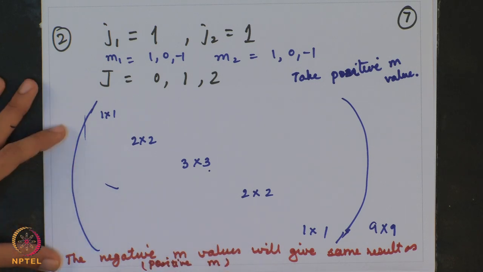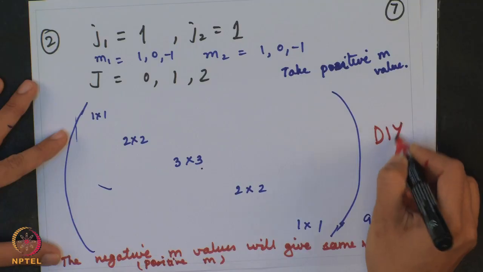Remember this. Okay. So, negative m values will give the same result as positive m values. So, you can actually DIY this. Okay.